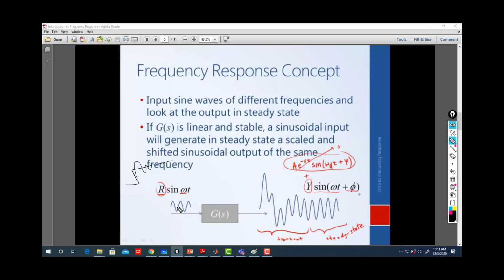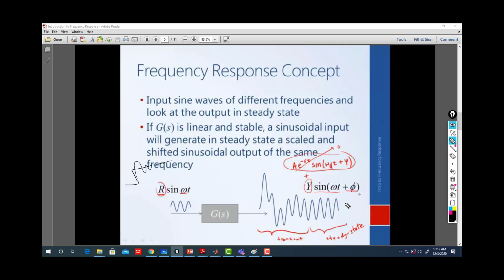Exactly the same: when I apply a sinusoid, I have transient and steady state. So in our frequency analysis, we care about the steady state only. How much is the amplitude, and how much is the phase, with respect to the input, without caring about the transient response.